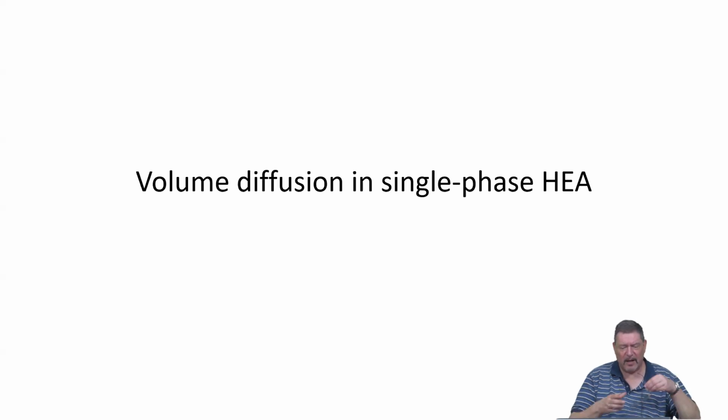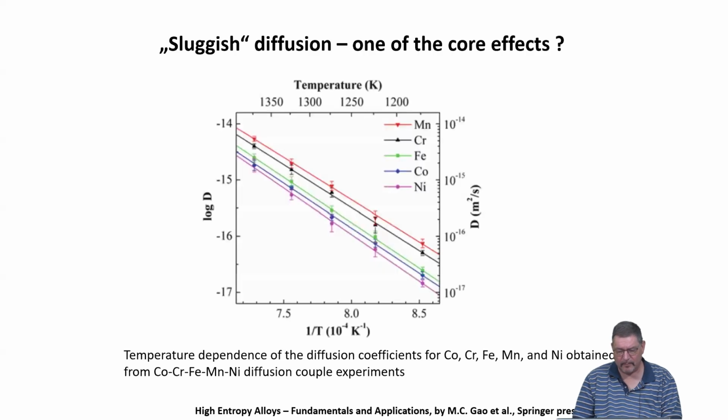Good. So let's maybe start a little bit with volume diffusion in single phase high entropy alloys. Sluggish diffusion, one of the core effects. This is the original plot, which was published to show that the hypothesis of sluggish diffusion is correct.